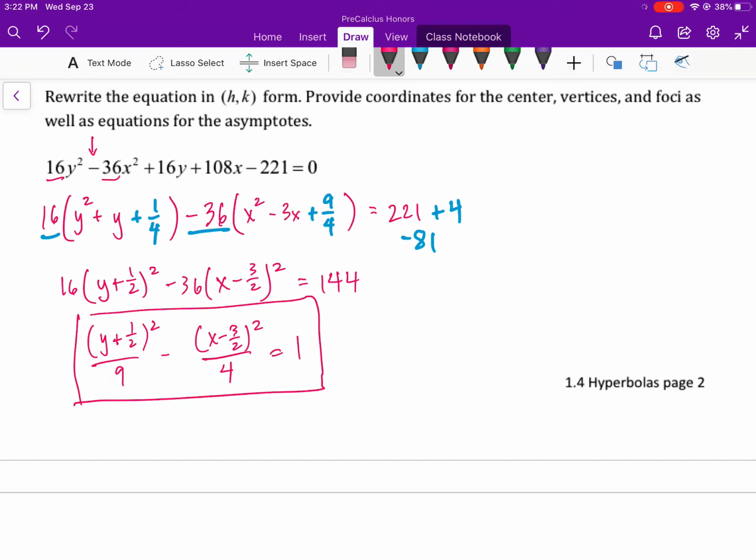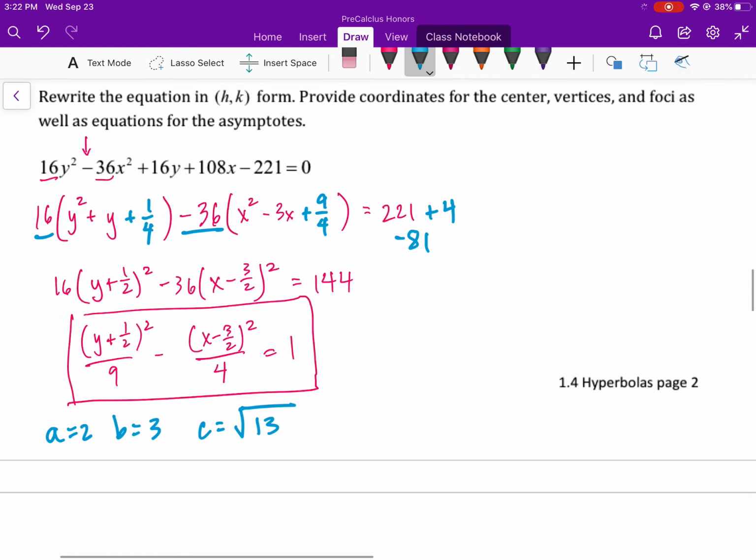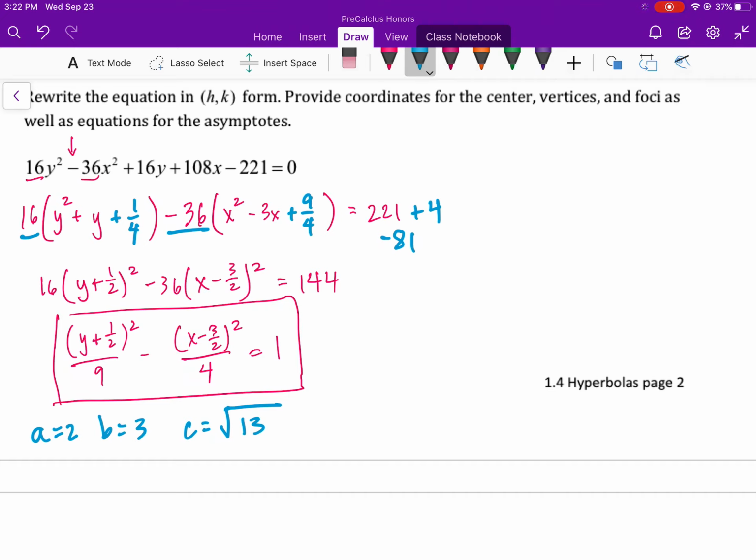In addition to that, we can go ahead and just quickly calculate a, b, and c. A is going to be equal to 2, b is equal to 3, and c is going to be equal to the square root of b squared plus a squared, or the square root of 13. And those values are going to help us to answer all of the following questions.